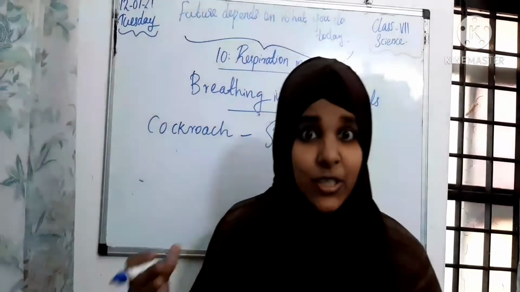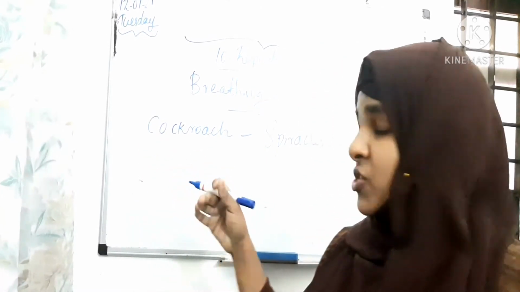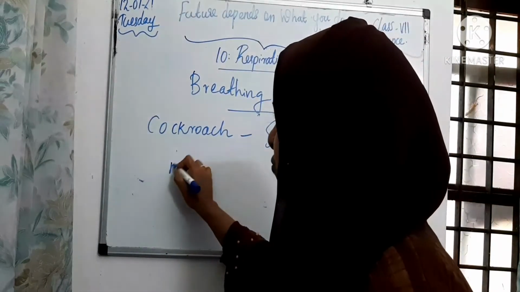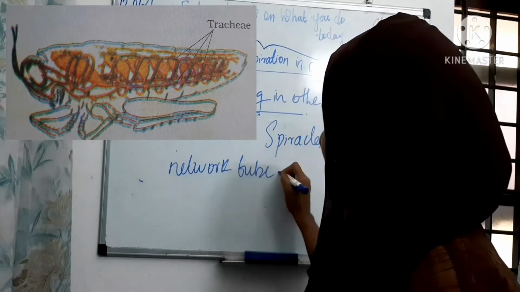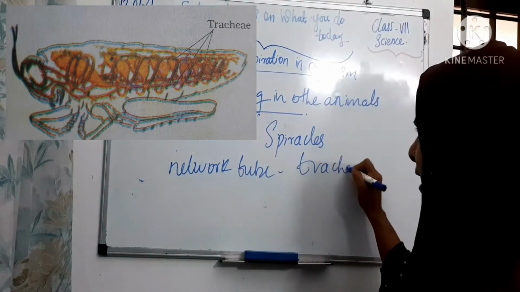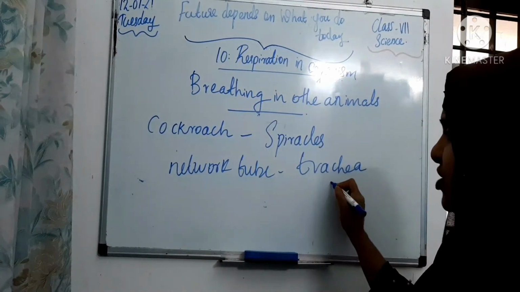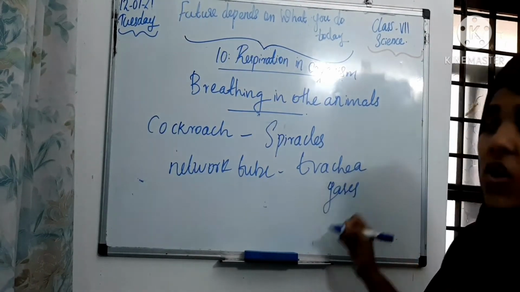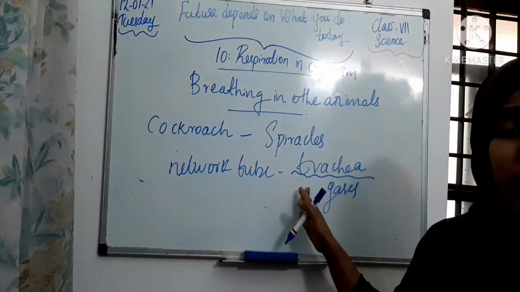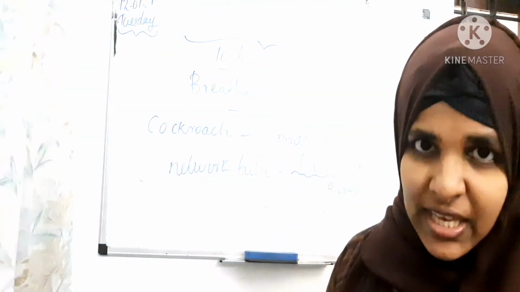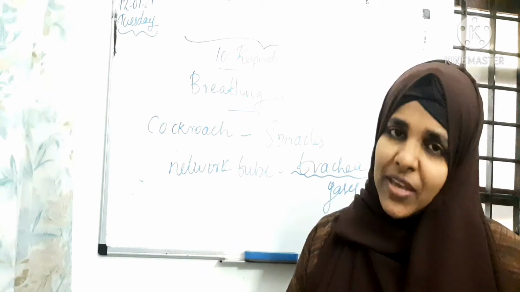Inside the body of the cockroach, as you can see in the picture, there is a network of tubes. That network of tubes we call the trachea, and it helps in the exchange of gases like oxygen and carbon dioxide. Through the trachea, exchange of gases is happening.